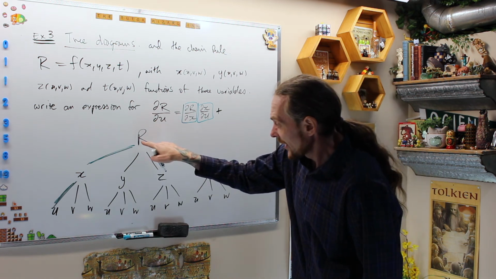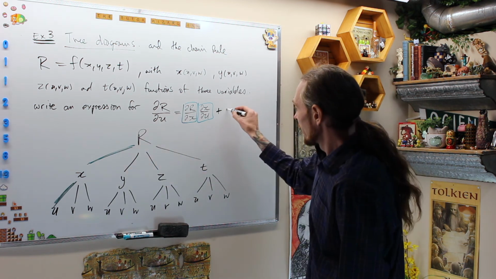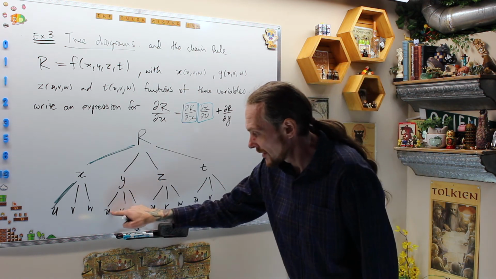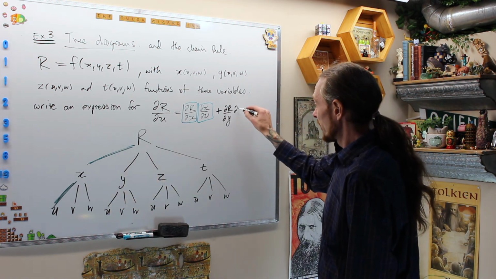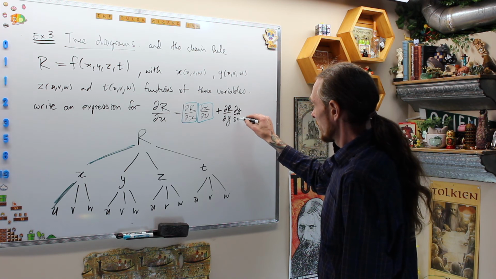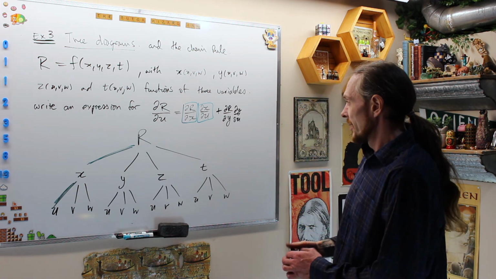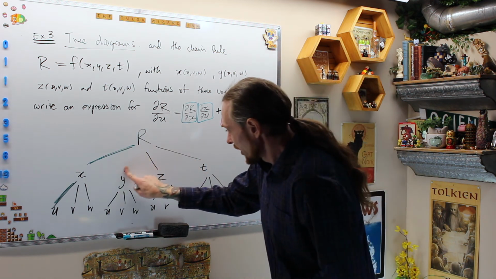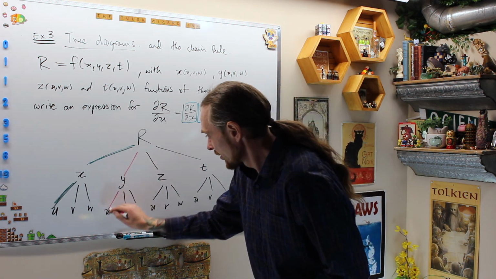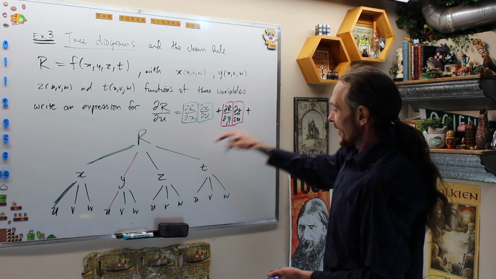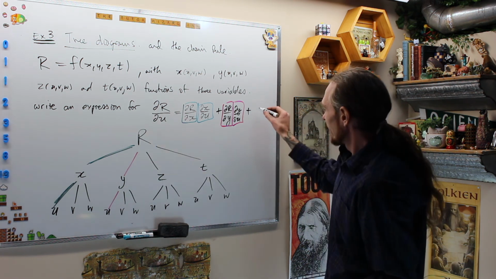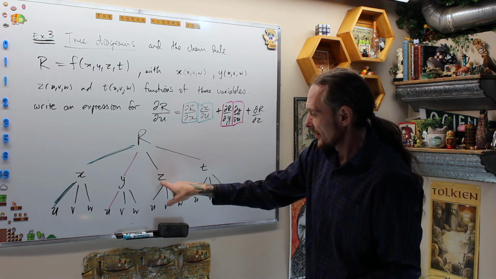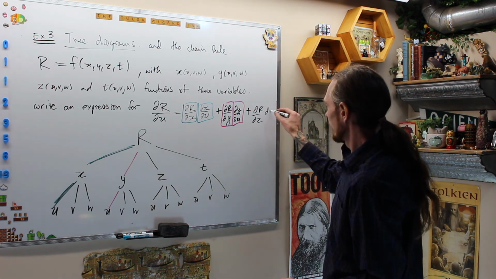Now we're going to have plus dr dy times dy du was the one I was looking for. And that one says these 2 terms are coming from here and here. And then the next one, I'm going to have dr dz and dz du.